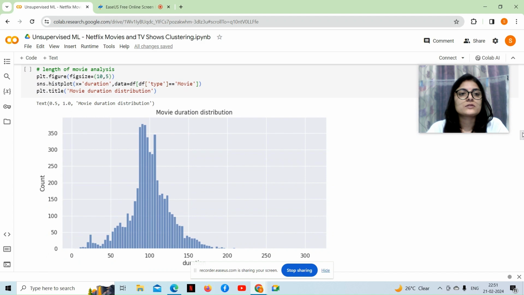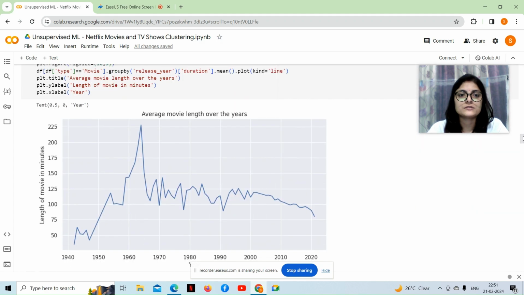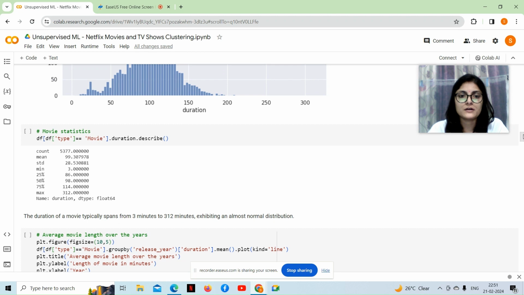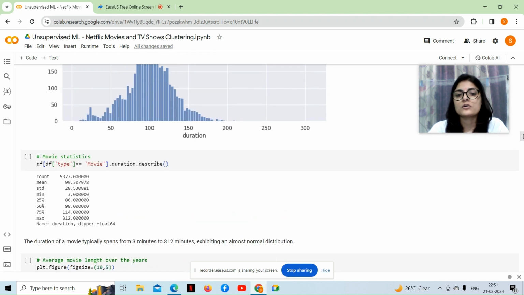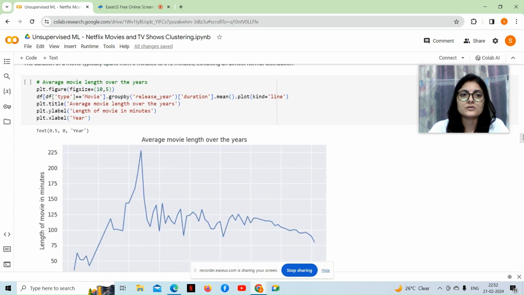Then we are talking about the length of movies, meaning the duration distribution. The duration of a movie typically spans from 3 minutes to 312 minutes, exhibiting an almost normal distribution. Then the average movie length over the years.